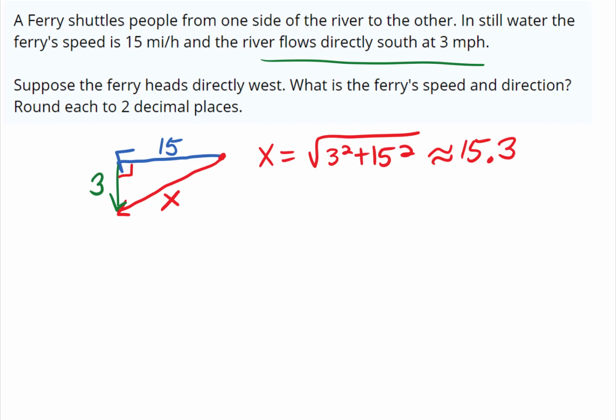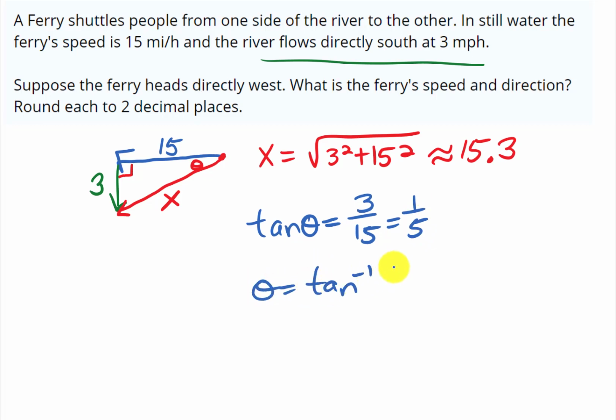Alright, the next thing we're ready to do is figure out an angle here. So let's find this angle right here. Looking at our triangle, the tangent of theta is going to be opposite over adjacent, which reduces to 1/5. So theta is going to be the inverse tangent of 1/5.